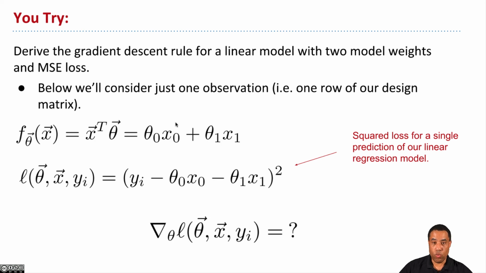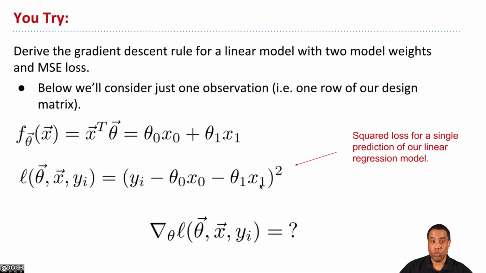So let's just look at one observation, so one row of our design matrix, and our function is theta 0 times x0 plus theta 1 times x1. And our loss function, our mean squared error, is just going to be y sub i minus theta 0 times x0 minus theta 1 times x1, all squared.